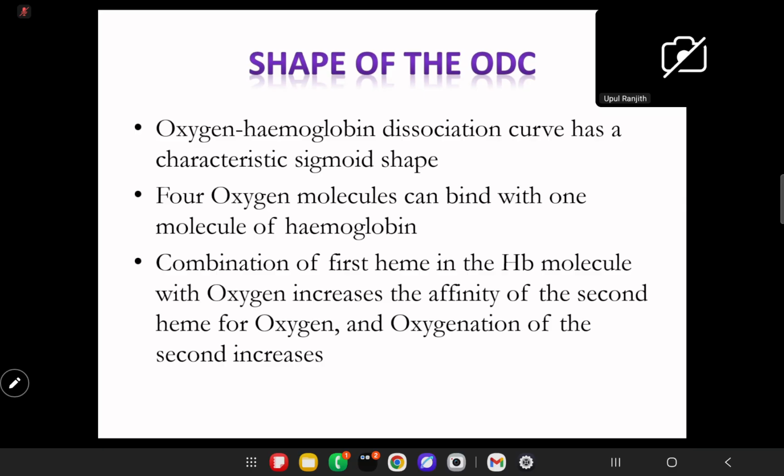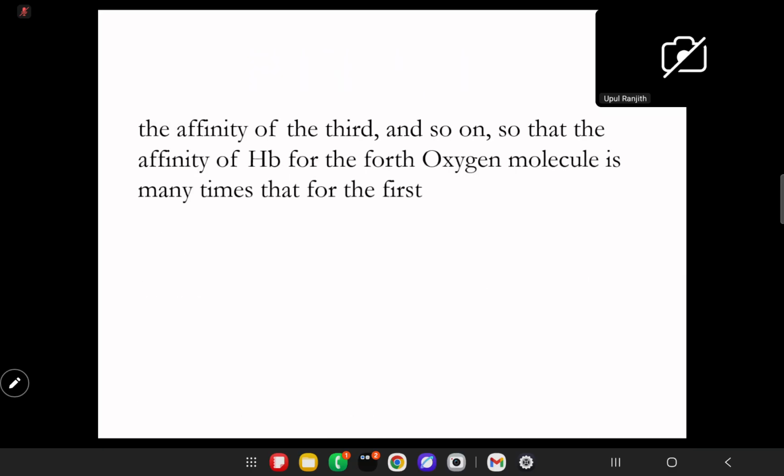Four oxygen molecules can bind. So the combination of the first heme in the hemoglobin molecule with oxygen increases the affinity of the second heme for oxygen. And oxygenation of the second increases the affinity for the third, and so on, so that the affinity of the fourth oxygen molecule is many times that of the first, right?